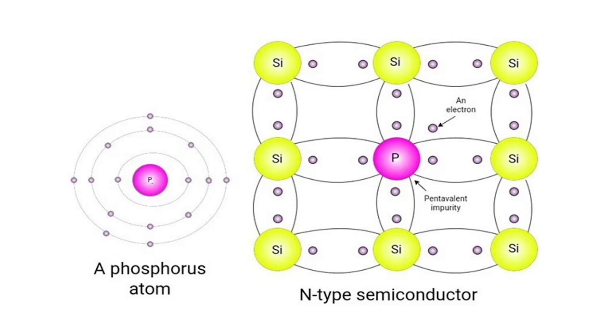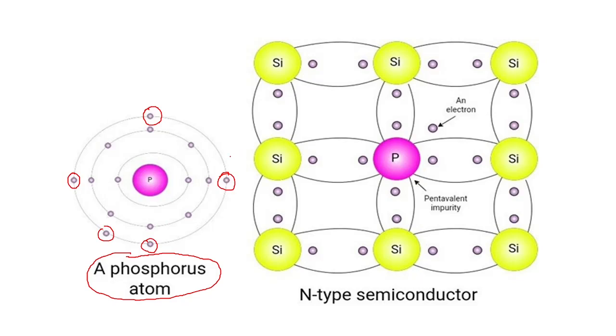This is the phosphorus atom, and it is a pentavalent dopant because it has 5 valence electrons. Here you can see the electrons in the outermost orbit of phosphorus: this is 1, 2, 3, 4, and 5.